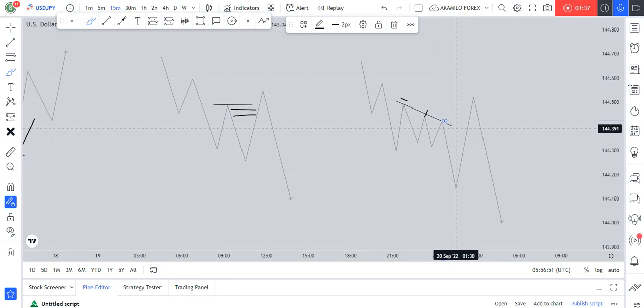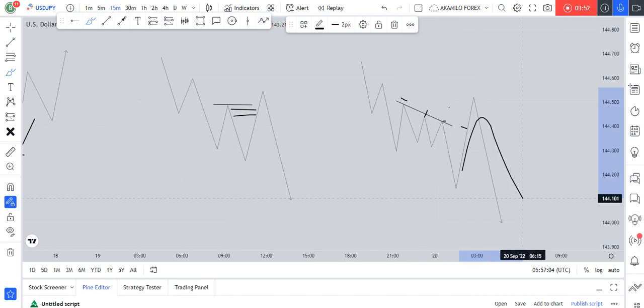If they set their orders on the trend line, their stops will be just above the trend line. Price will then come, take them off the market and continue in its direction. So this is an inducement. This is how you can identify inducement, which is important in the market.